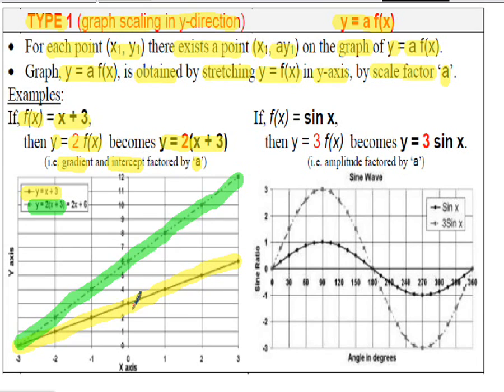The gradient of the first line is 1, so 1 in 1, and the intercept is 3. The gradient of the second line is 2 in 1, so double the gradient, and the intercept is 6.